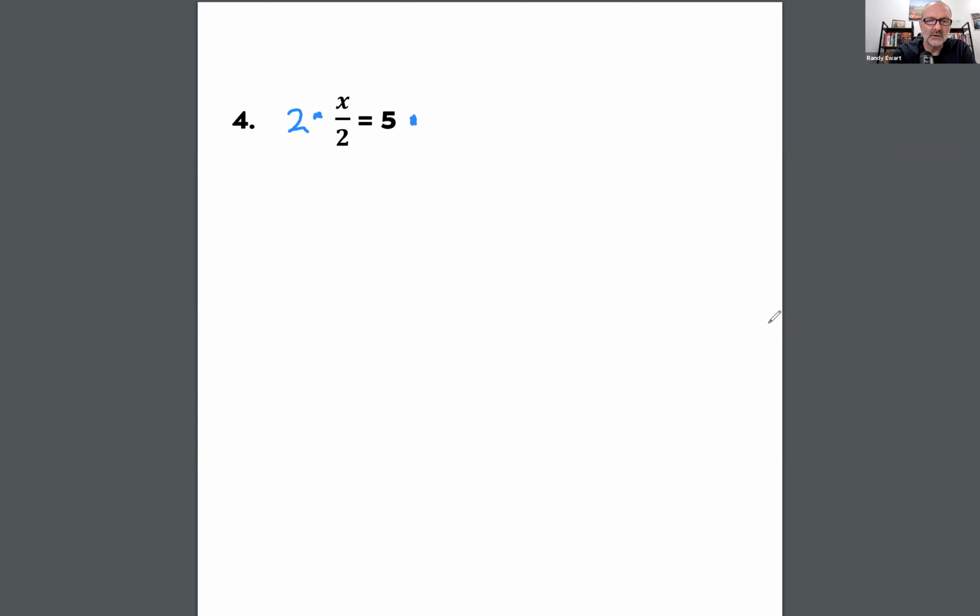For multiplication, that kind of works a little bit easier for us. Now you have 2 divided by 2. 2 divided by 2 is 1. 1 times x is x. And 5 times 2 is 10. Done.